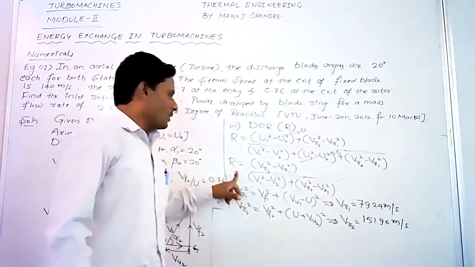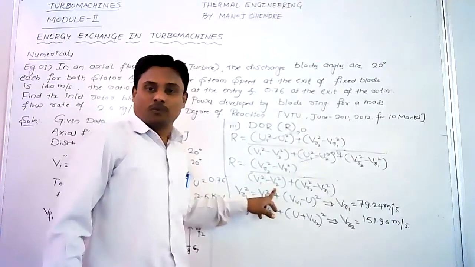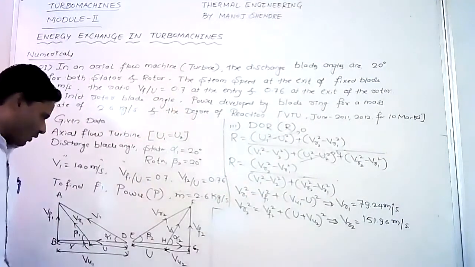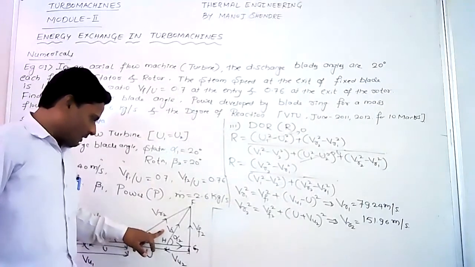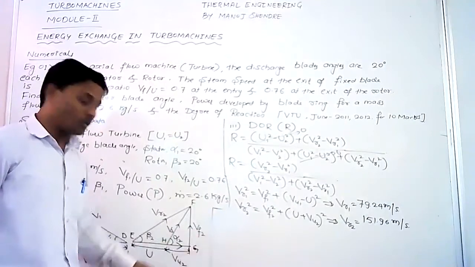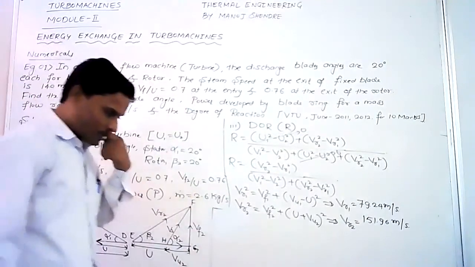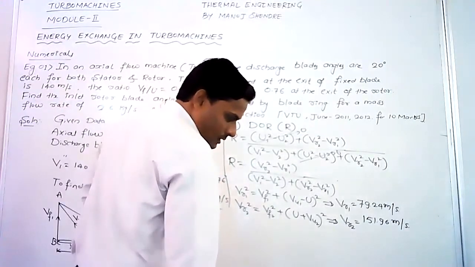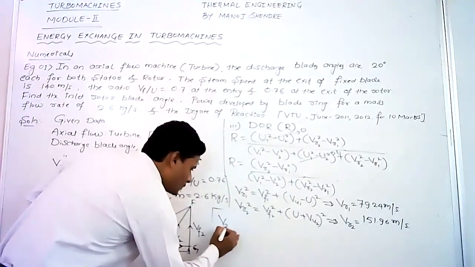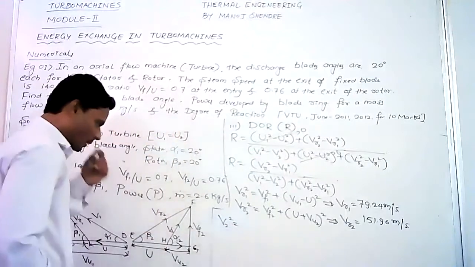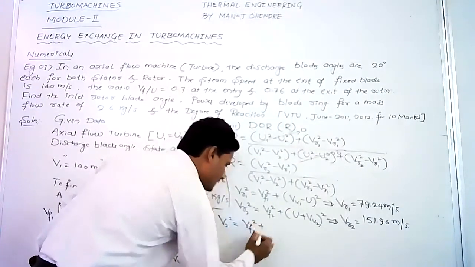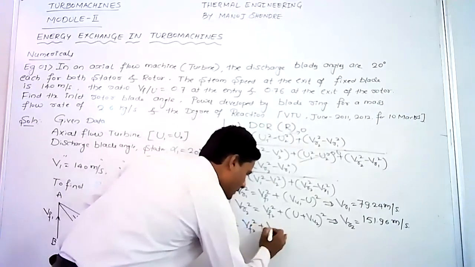In this formula, we are yet to get the value of V2. V2 is unknown here. So how to get the value of V2? VF2 and VU2 are both known. Use the Pythagoras theorem again. So V2 square is equal to VF2 square plus VU2 square.